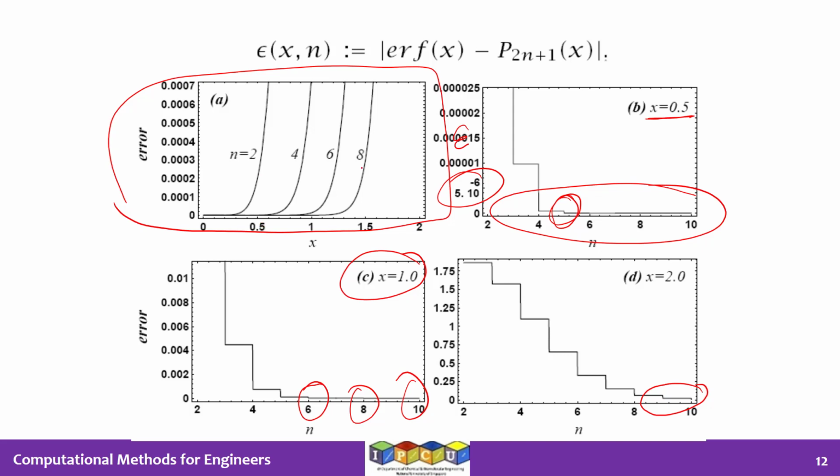But when you retain 9 terms in the expansion, that means when n is equal to 8, you see the approximation is very good until x is about 1.3, after which it takes off. So as you move away from x is equal to 0, you have to retain a very large number of terms, or use a large value of n, in order to have errors be as low as you would like them to be.